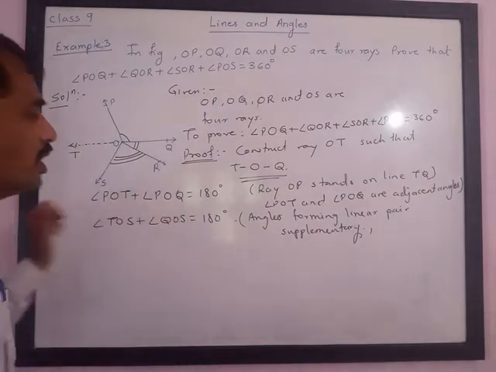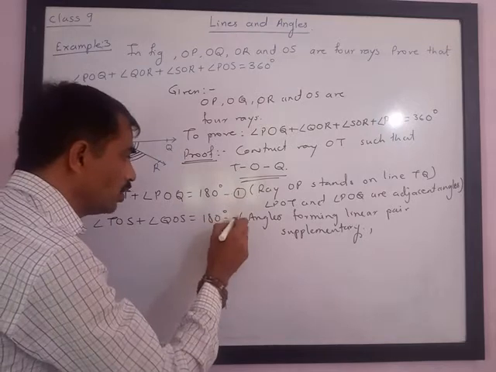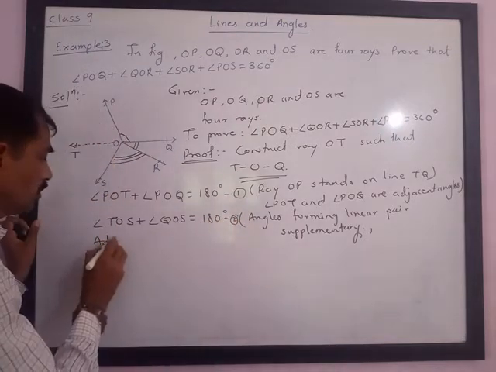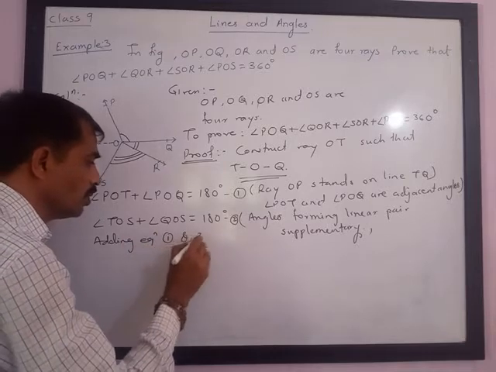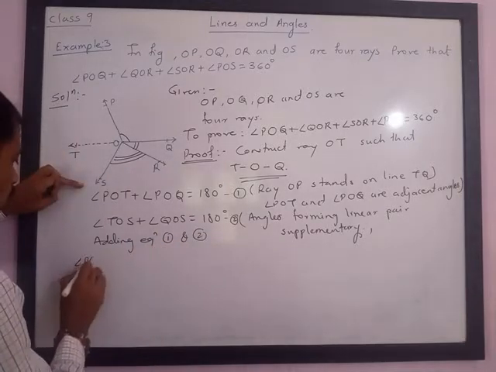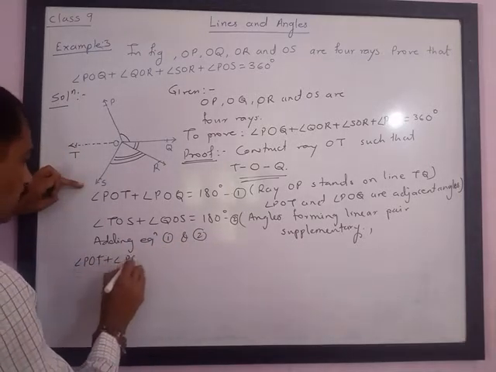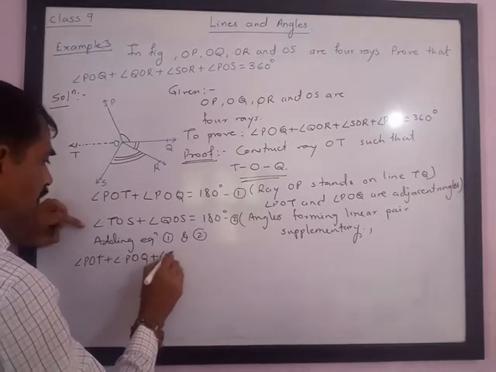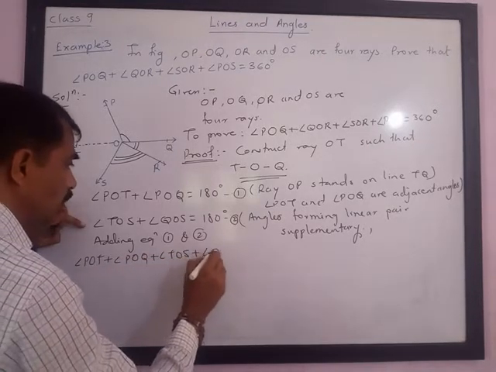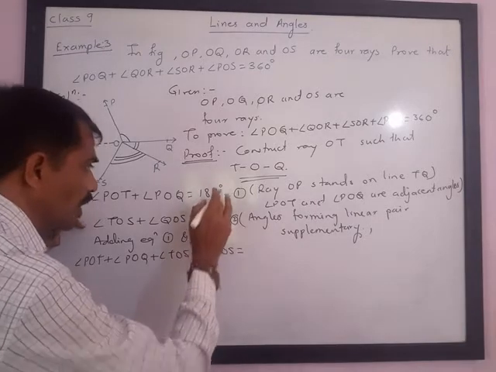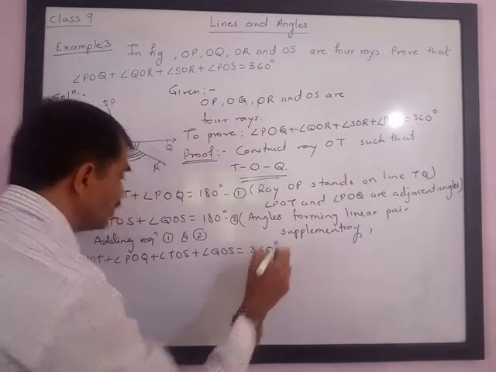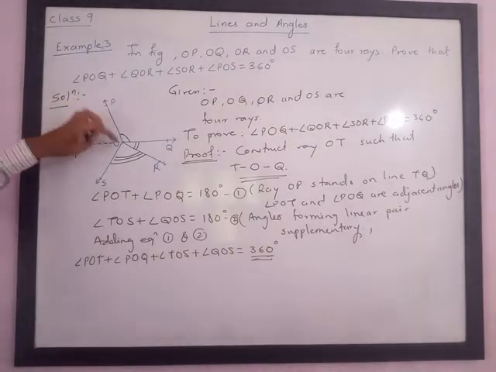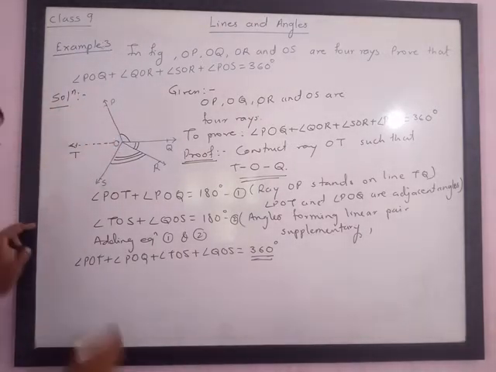Now if you add equation 1 and 2, you will get angle POT plus angle POQ plus angle TOS plus angle QOS is equal to 180 plus 180, which is 360 degrees. Now see, POT plus TOS.